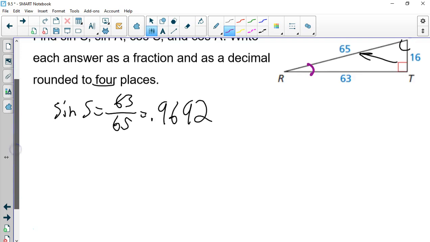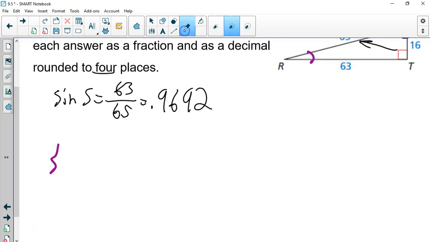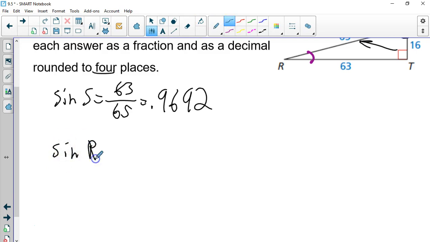So when I do the sine of R, that didn't work out, right? Oh, I know what I did. I changed here. Sorry. The sine of R, still opposite over hypotenuse, but this time, like I said, it's 16 over 65. Now, if you think about that as a test score, it's going to be much lower, right? 0.2462.